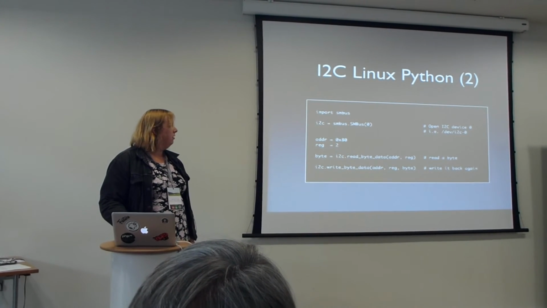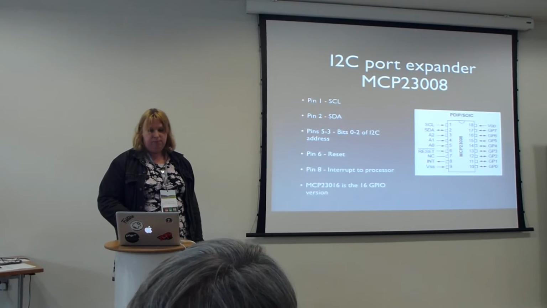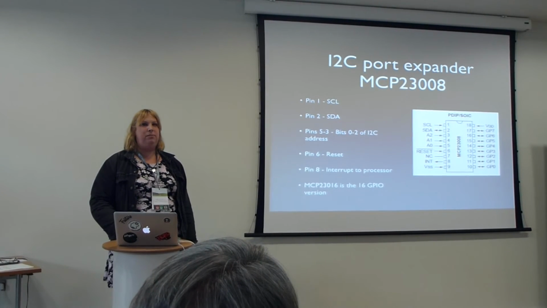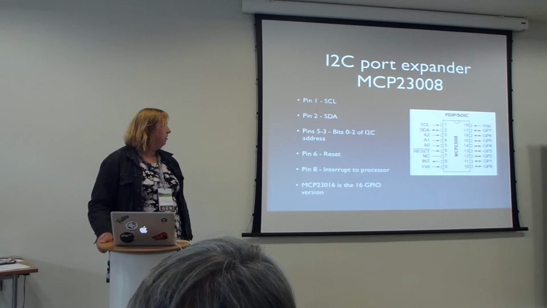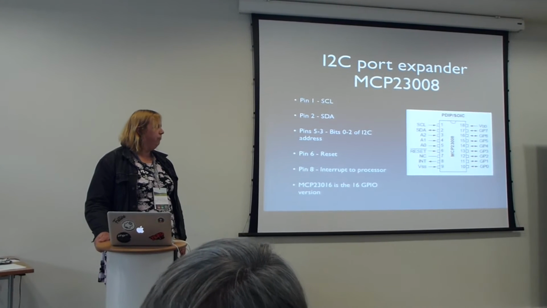So, what's a good I2C device that might be useful on a Pi? That one, which is an 8-bit GPIO extender. There's a nice 16-bit one as well. Basically, you can support up to 8.